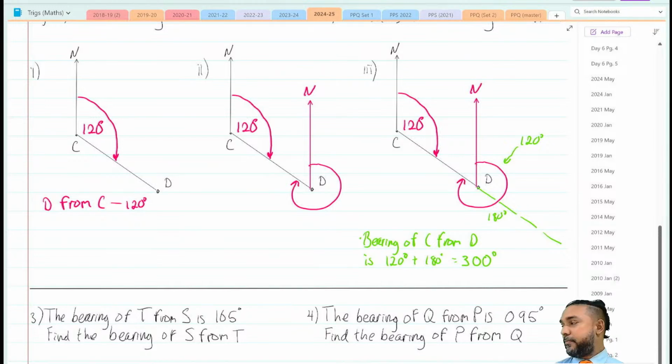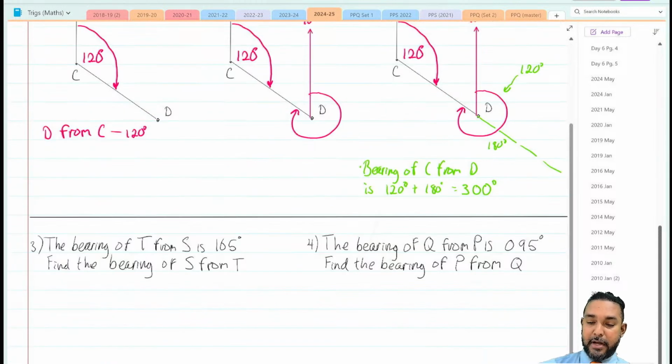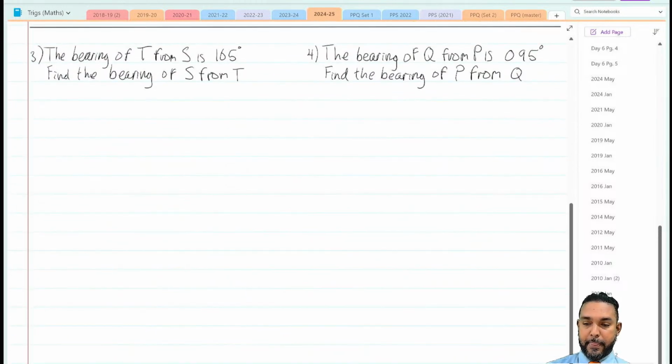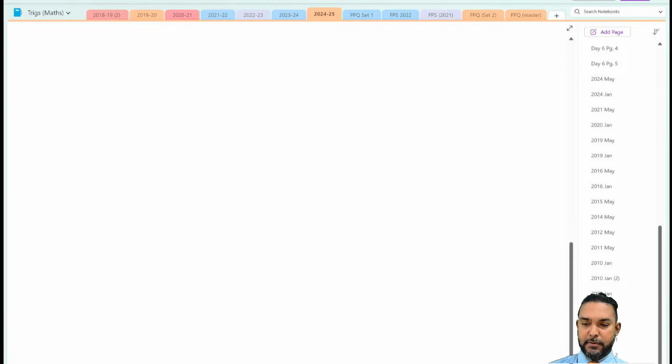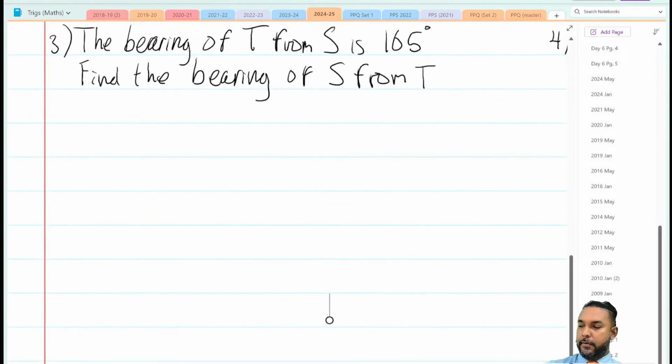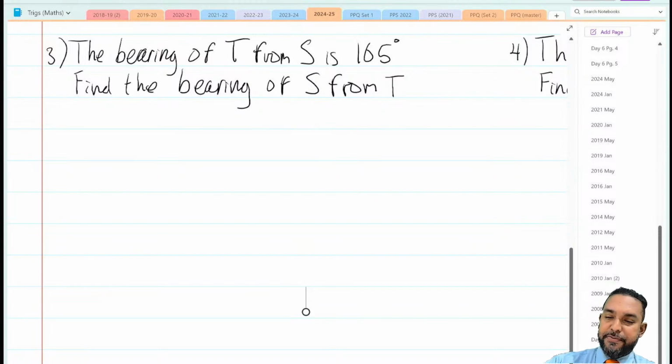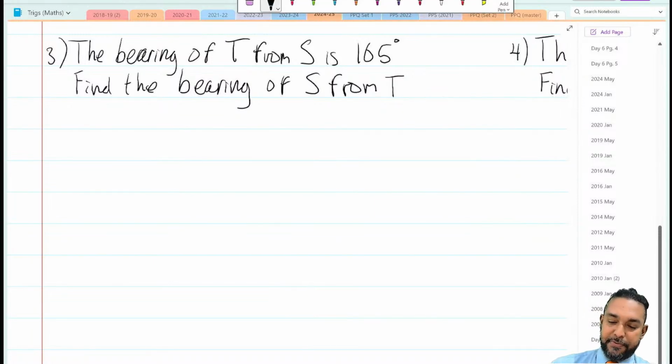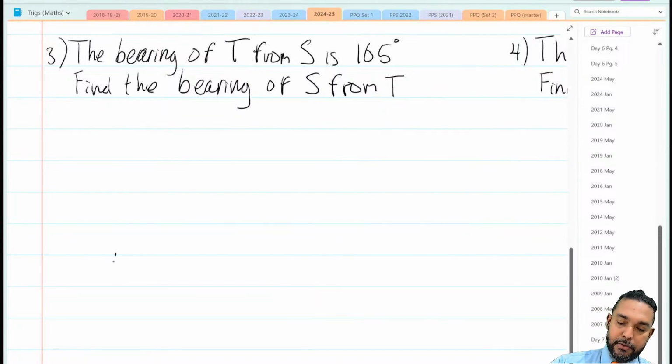Yeah, might have been. Right, so let me start with our first one there. Bearing of T from S is 165. T from S. So S is here.